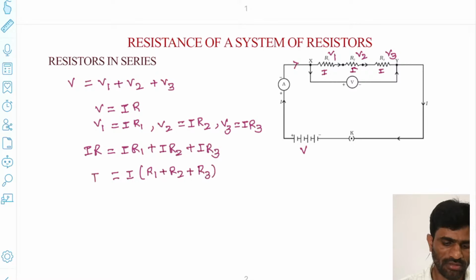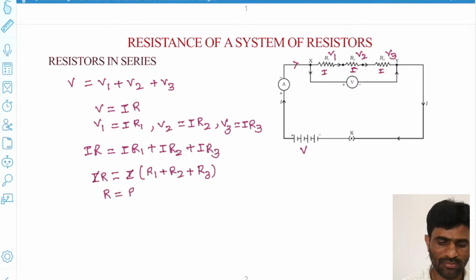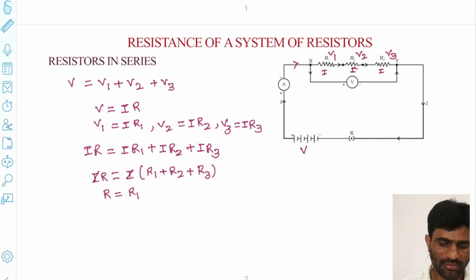So here it is IR. On both the sides we can cancel I. Now effective resistance is going to be R is equal to R1 plus R2 plus R3.